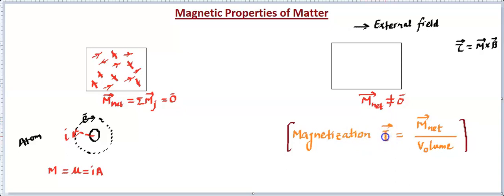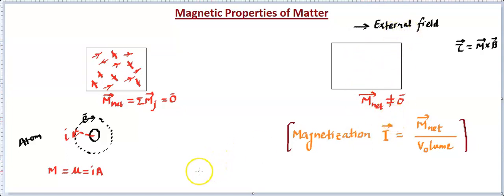And this I vector is basically going to behave like the field coming because of these dipoles. So once we know what the field is coming because of this dipole, that field will be the magnetized field, and that's going to be in addition to the external field. Hence the net field will be external field plus magnetized field. So we can say the net magnetic field in the matter is going to be the sum of this external and this.